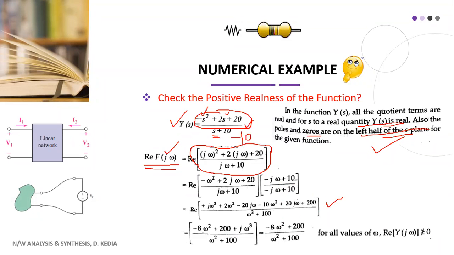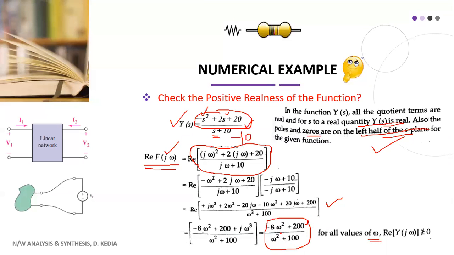You solve this, and what do you get? You get this one. And if you look at this carefully, you have minus of (8 omega square plus 200) divided by (omega square plus 100). And see, can you say here that for all values of omega, this will give you positive values? No.